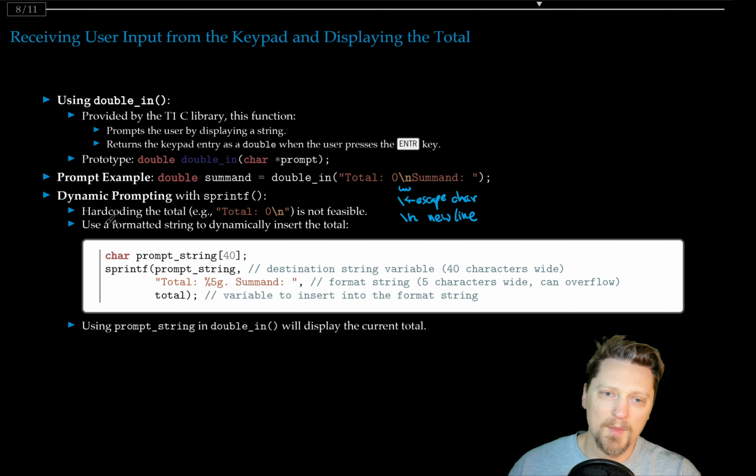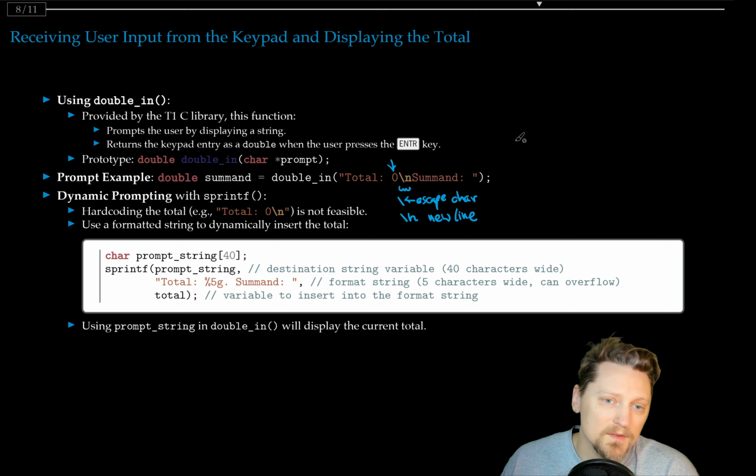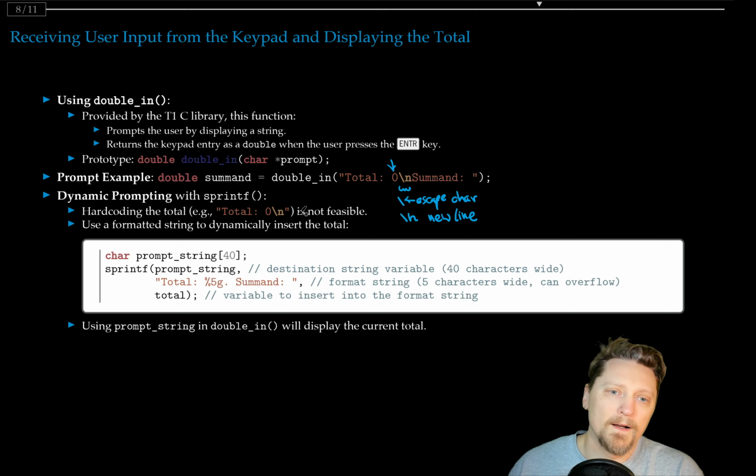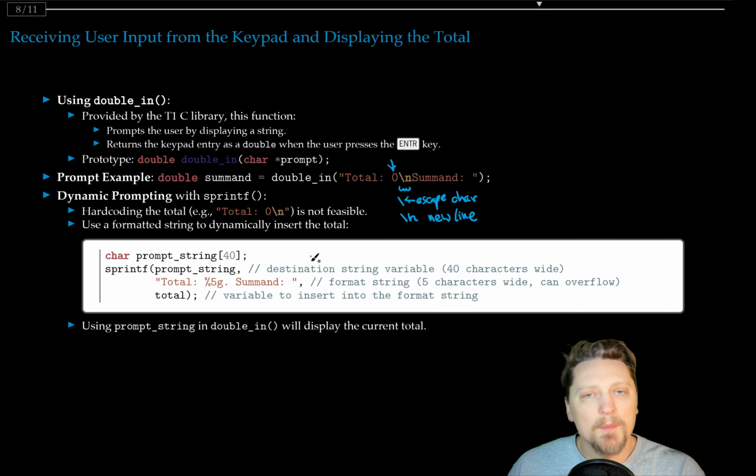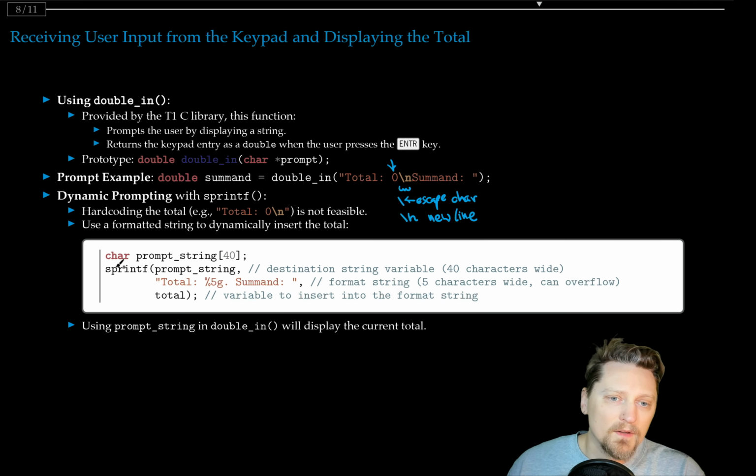So this is the dynamic prompting with sprintf. So we don't want to hard code this total 0 in here. This prompt would be fine for the first call until the user enters a number and we want to update the total. So what we want is a formatted string so that we can dynamically insert the total. So this is how to do that. This declares a string. So declare string.